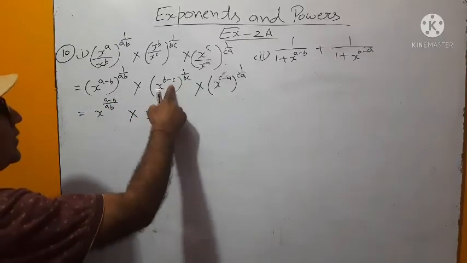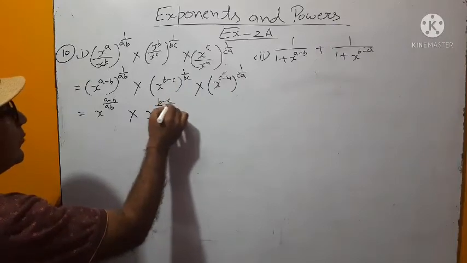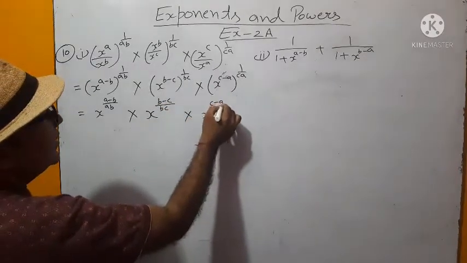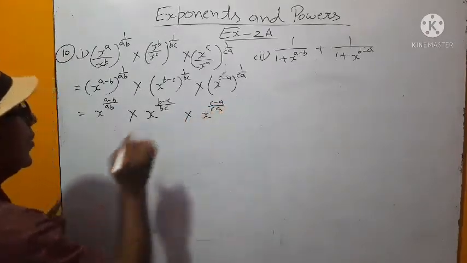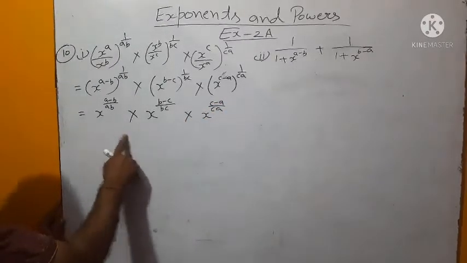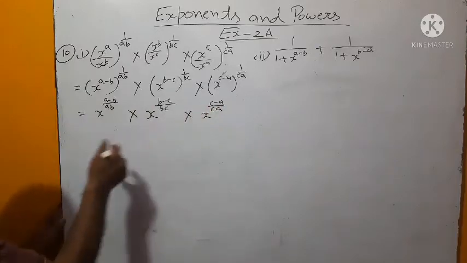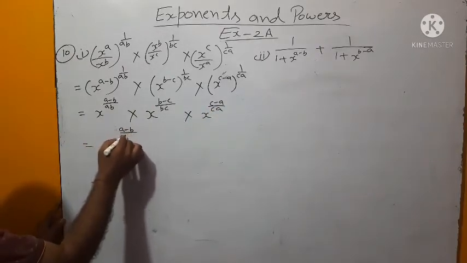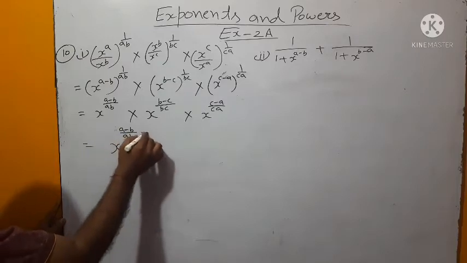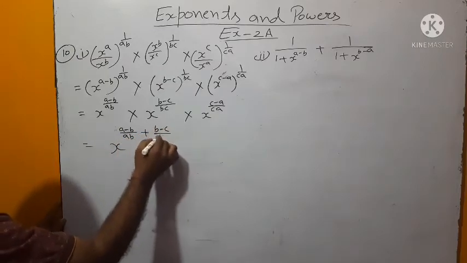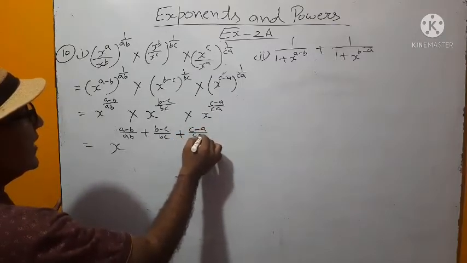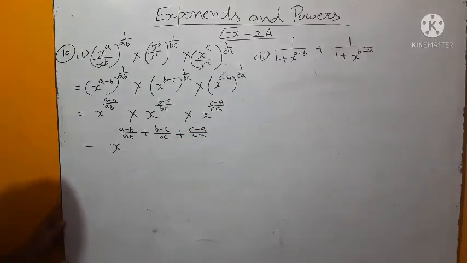Here also exponent over exponent multiplied, b minus c upon bc, x power c minus a upon ca. Now bases are same, so exponents will be added. X power a minus b upon ab plus b minus c upon bc plus c minus a upon ca.